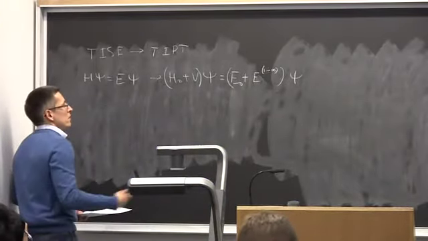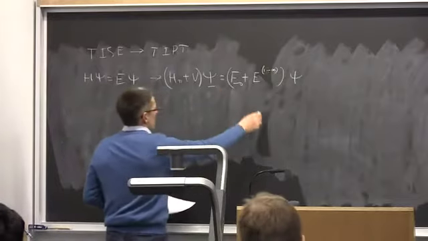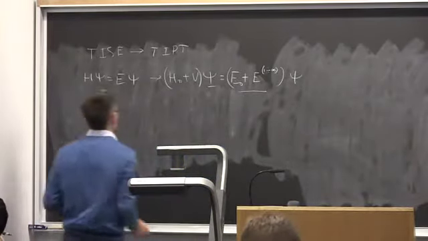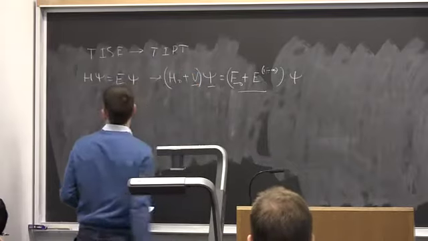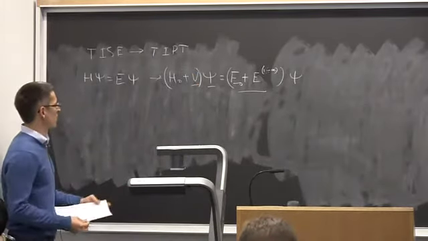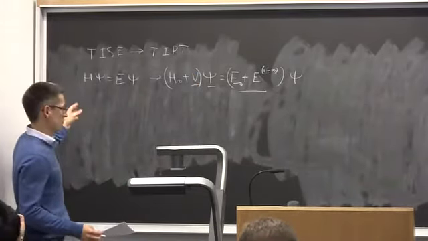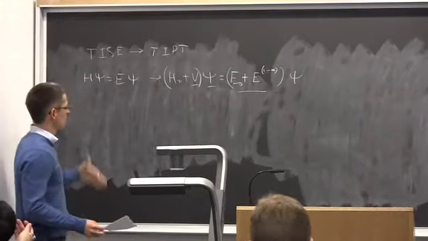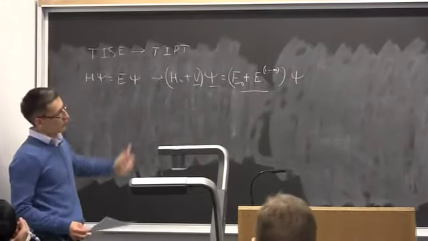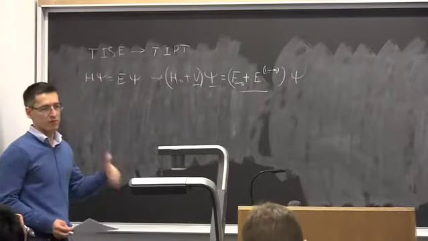And so we construct both psi and E in orders of V. That's what perturbation theory does. It doesn't give you the total right answer, but it gives you a way to approach the right answer by constructing the orders.